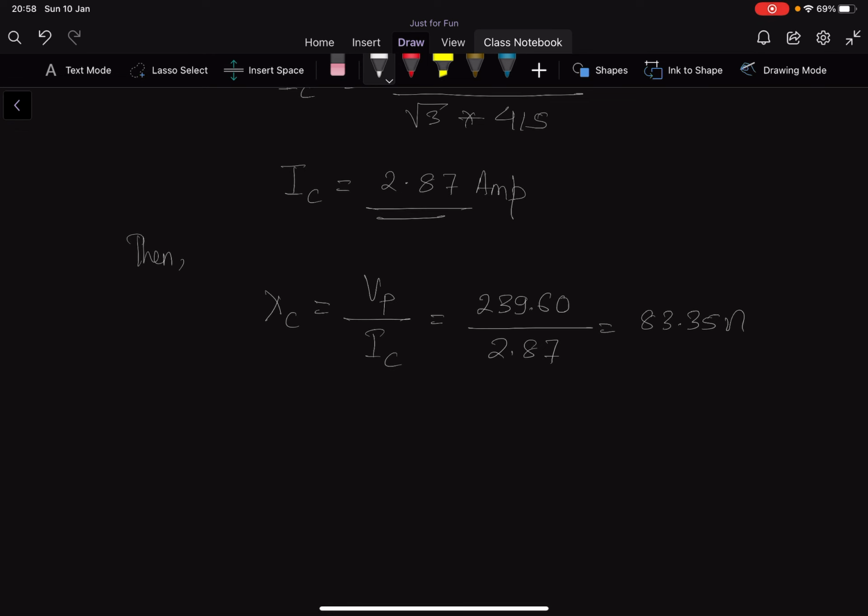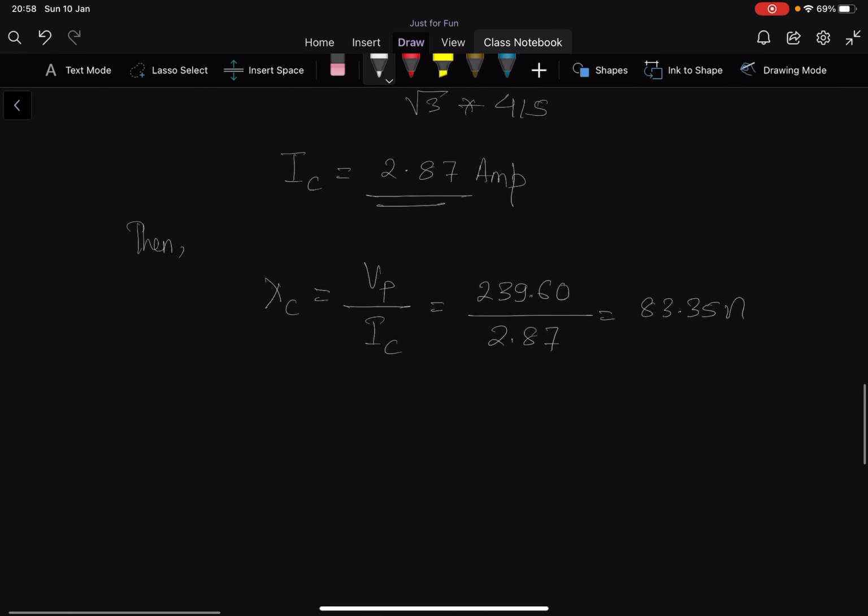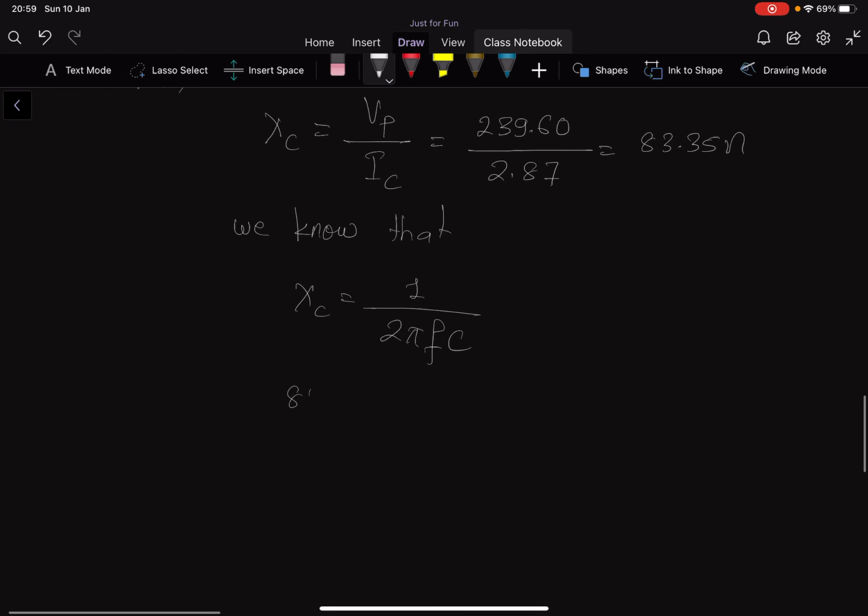How do we find the capacitor value? We know the relationship that XC equals 1 over 2 pi FC, isn't it? So we have 83.35 equals 1 over 2 pi times 50 times C. If we rearrange this, C equals 1 over 2 pi times 50 times 83.35.